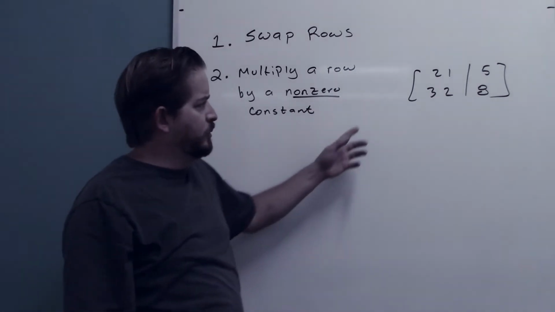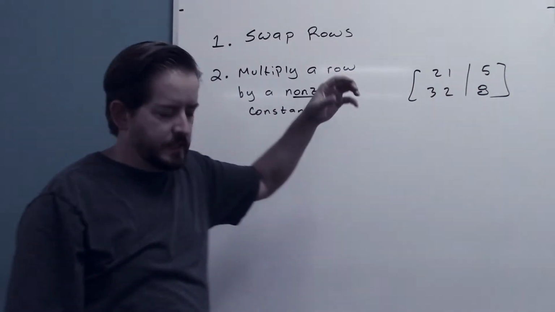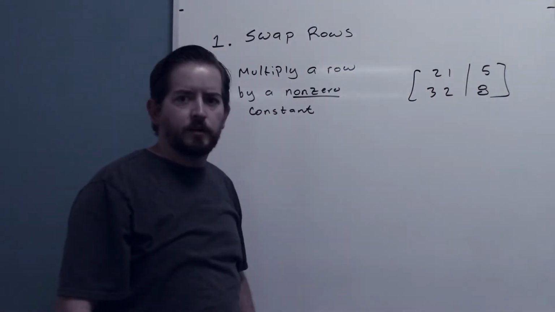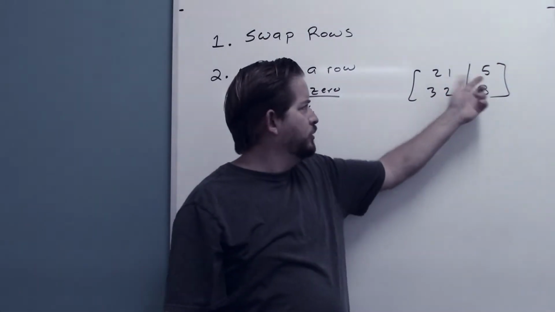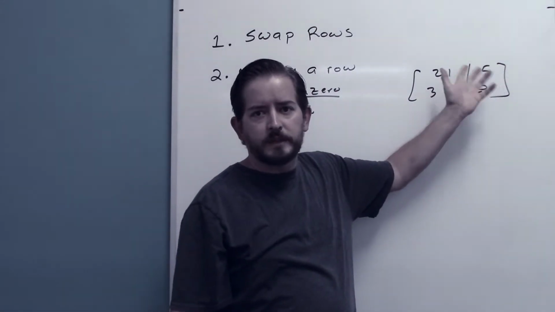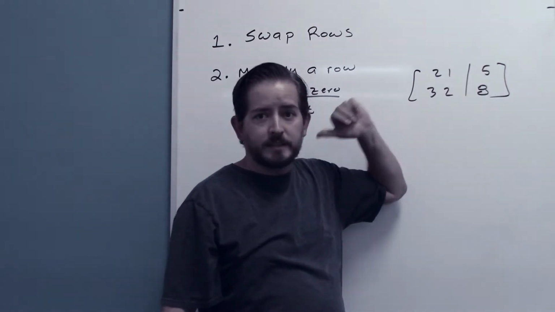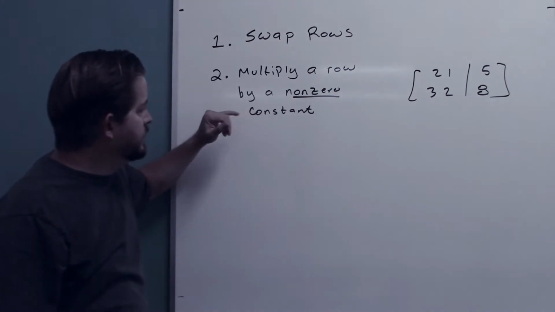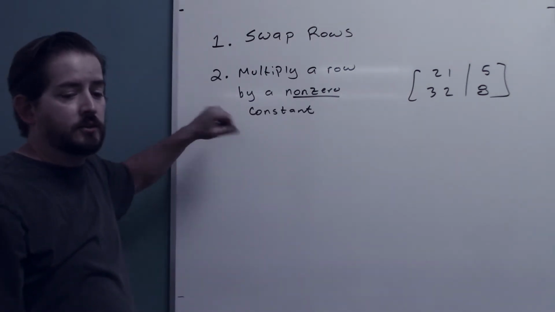Because if you multiply a row by 0, you're just saying, well, just zero everything out, and that's literally taking that equation and throwing it into the garbage. We don't want to do that. But if I multiply an entire row by some constant, that's multiplying the left-hand side and the right-hand side by the same number. That's just the multiplication principle of equalities, and I'm allowed to do that.